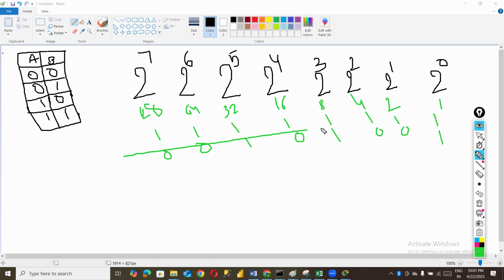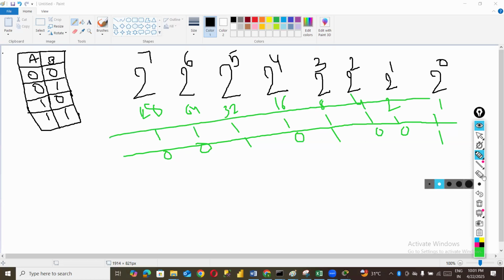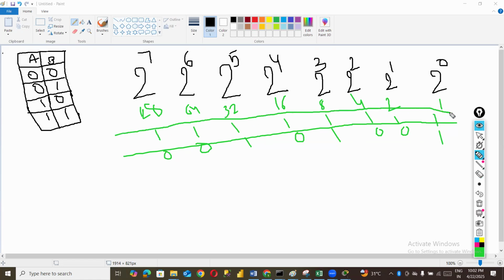Okay, we'll divide this. Now we know AND logic, right? So we will perform this AND logic now.